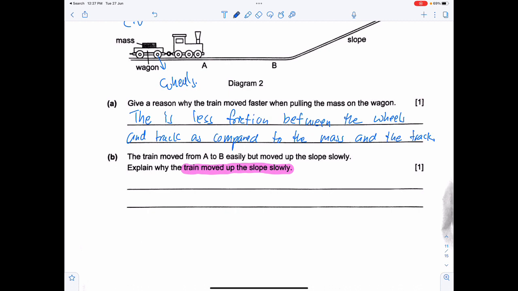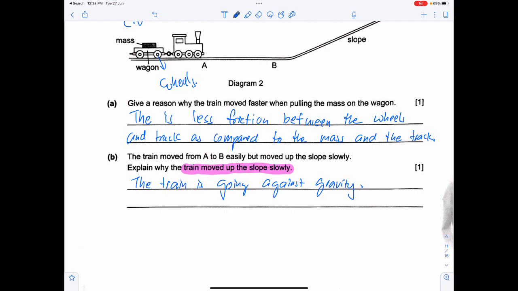Very straightforward. The train is going against gravity. And please don't tell me it overcame gravity. You'll be floating.